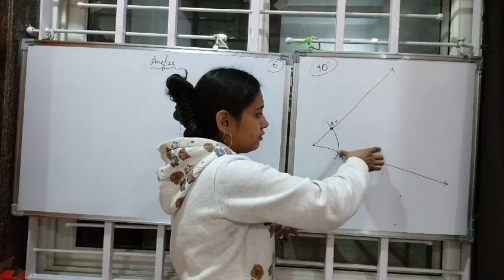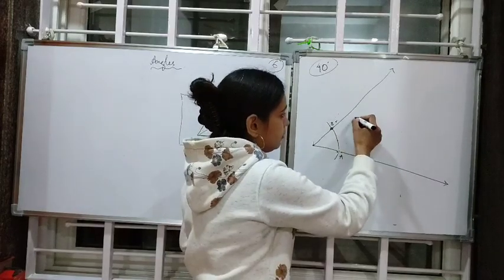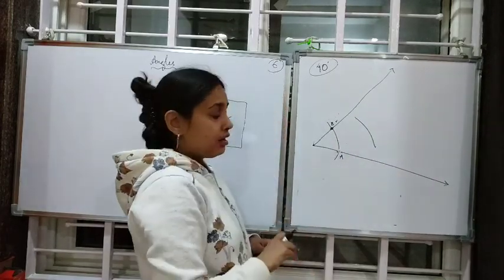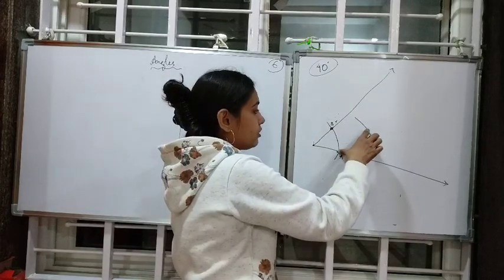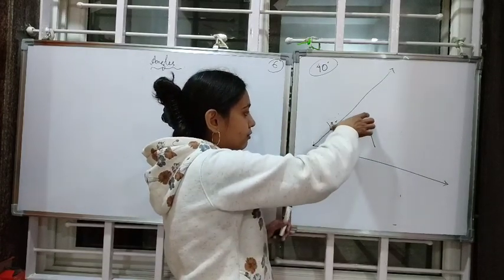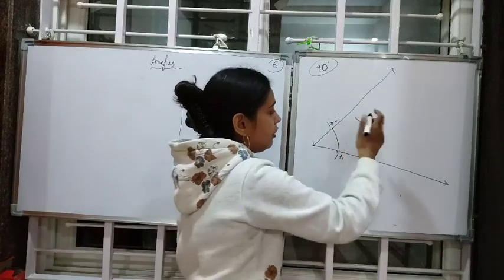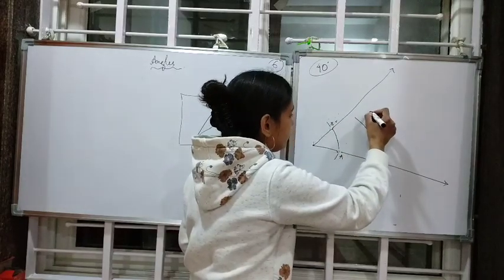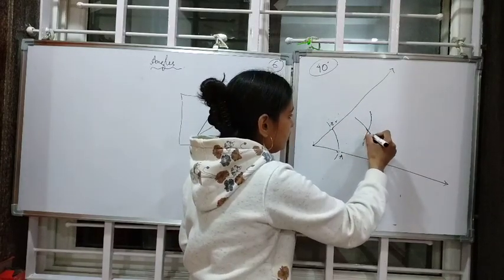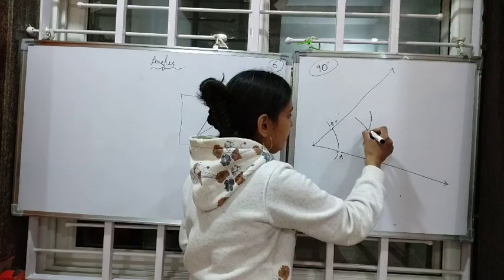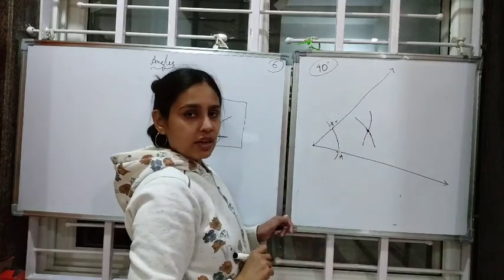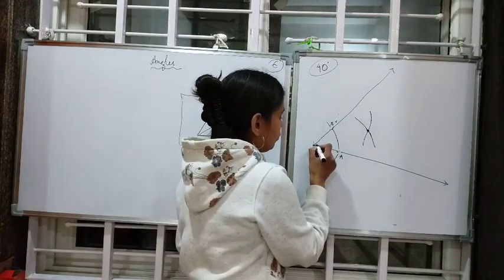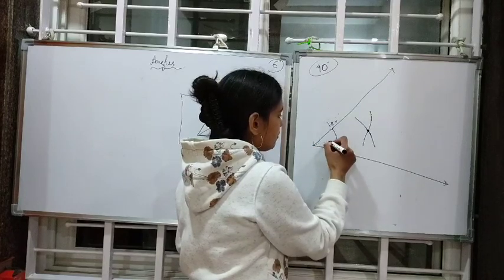Draw an arc. Then with the same radius, draw another arc from B. B as center, draw another arc. Now you got a point of intersection once again. Join these 2 points of intersection.